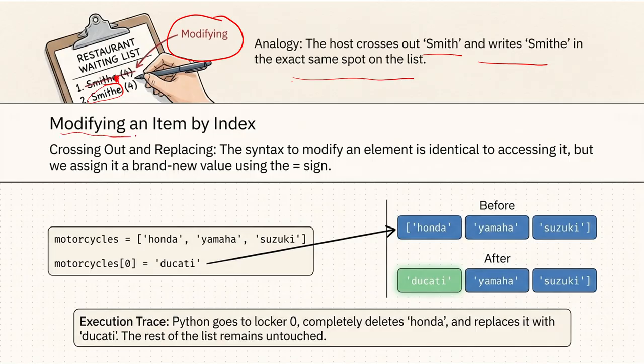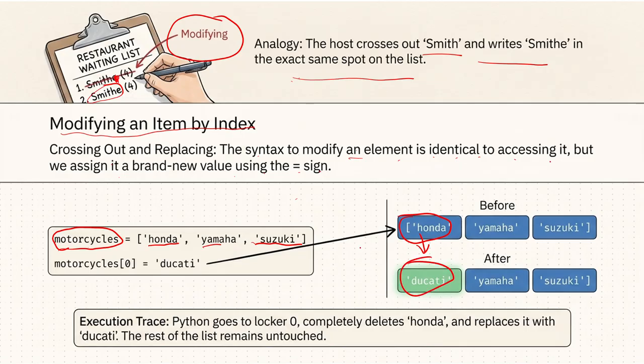Modifying an item by index: crossing out and replacing. The syntax to modify an element is identical to accessing it, but we assign it a brand new value using the equal to sign. What does this mean? Suppose you have a motorcycles list that contains items like Honda, Yamaha and Suzuki, and you want to change the Honda item to Ducati.